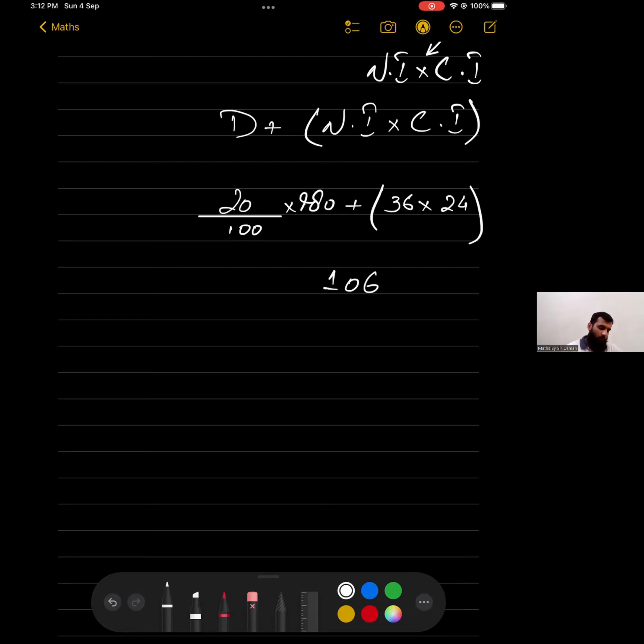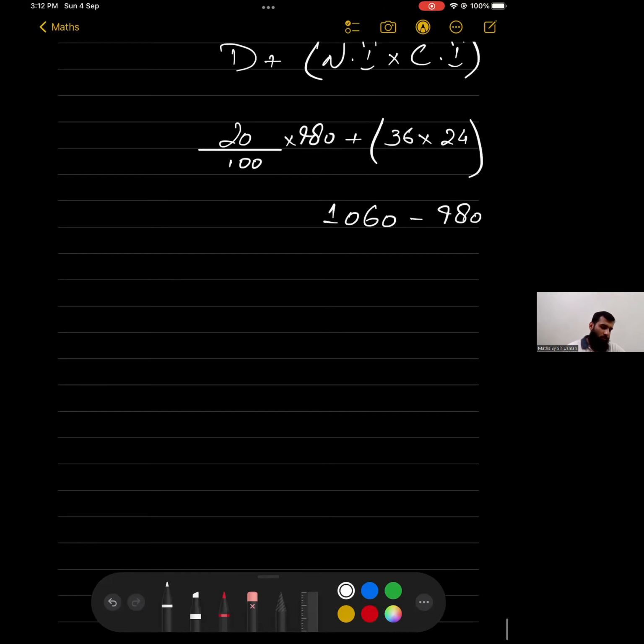Now, can anyone of you tell me what is the higher price that he is paying? It was actually 980. The actual amount was 980, but now he has to pay a total of 1060 over a month of 24. 24 months के time period पे ये 1060 pay करेंगे. So the extra amount would be the difference of these two values. So this is going to be $80.